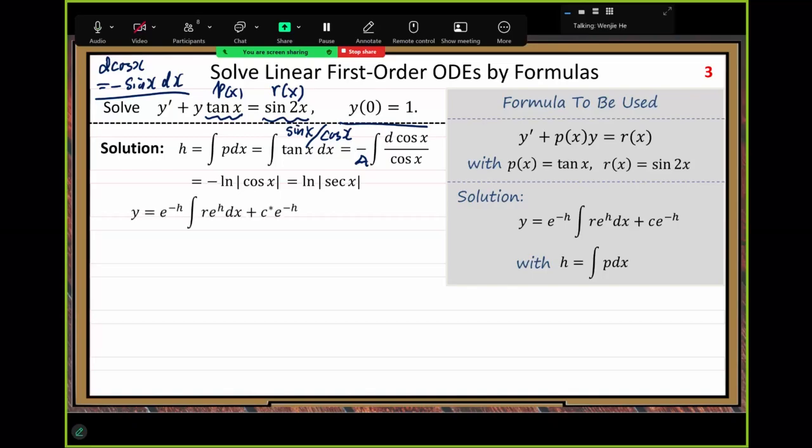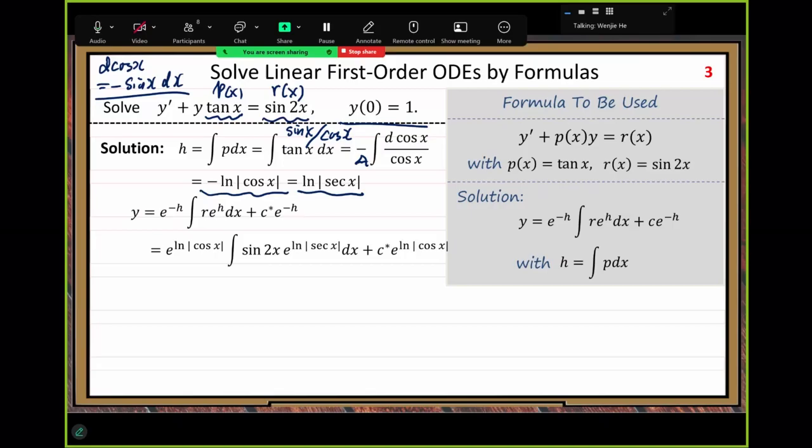Then let's write Y. So we plug in, e to the negative H. The reason: H has two forms. We just pick which one is easier. We have two possible forms we can choose. Which one is easier, then we pick the easier one.